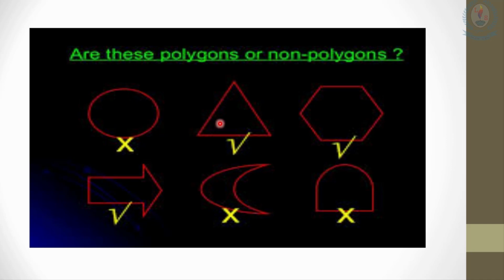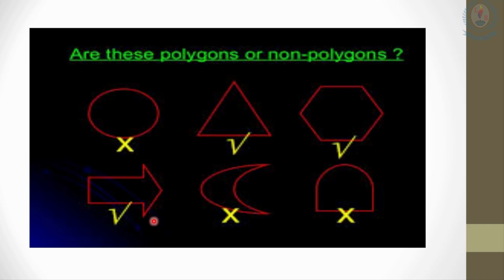And the other one is a triangle. It's formed out of straight lines, no cross lines. It's a closed figure. We can consider this a polygon. The other one has 6 sides. It's a hexagon. It's also a polygon.